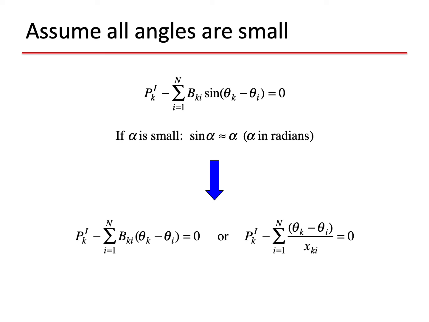And therefore we are left with P_k minus sum from i equals 1 to n of B_ki (theta k minus theta i) equals 0. And because B_ki is the inverse of x_ki, which is the reactance of the line between k and i, we can rewrite this: P_k minus sum from i equals 1 to n of (theta k minus theta i) divided by x_ki must be equal to 0.